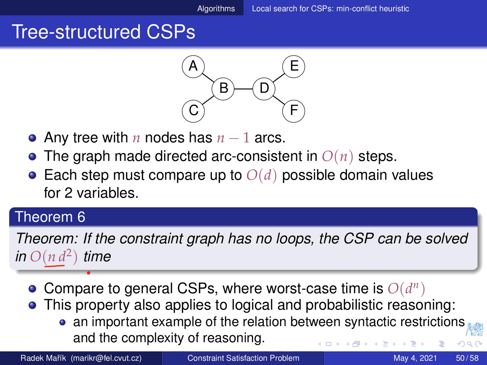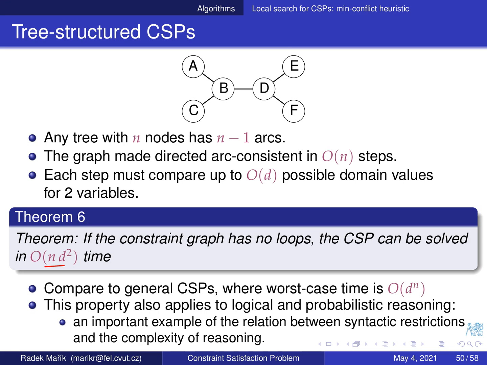This is, of course, very nice time compared to the general worst case time d up to n. And in many cases, this kind of tree-like structure can be observed in logical and probabilistic reasoning. And that's basically what they exploit in their, let's say, fast solution.